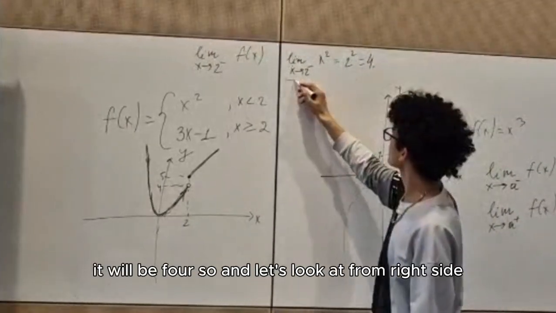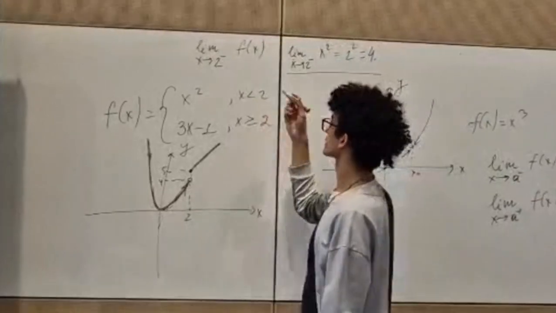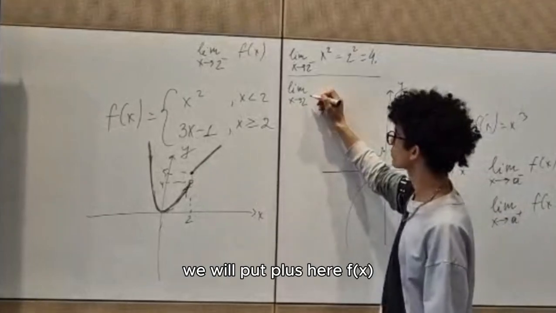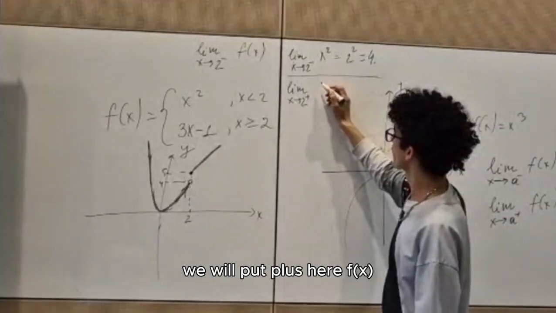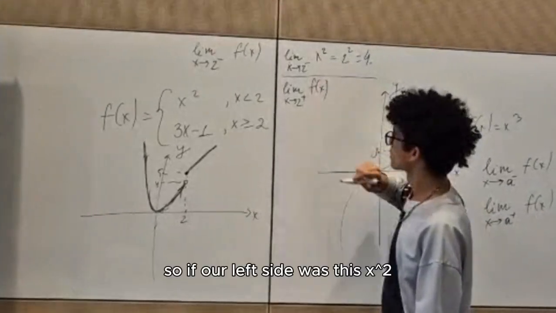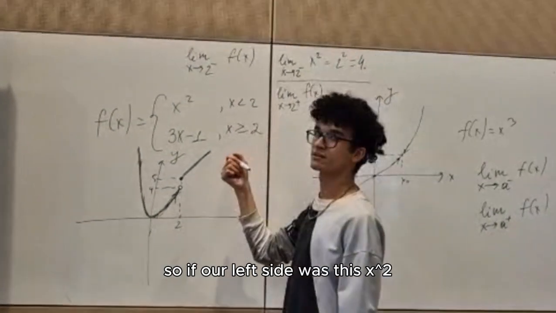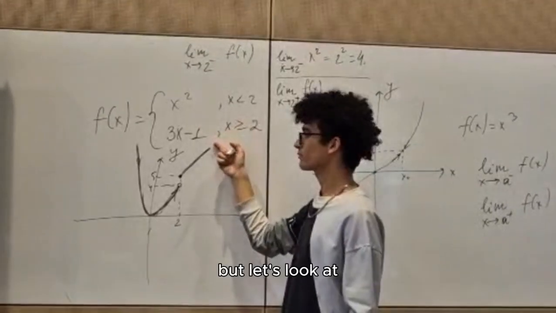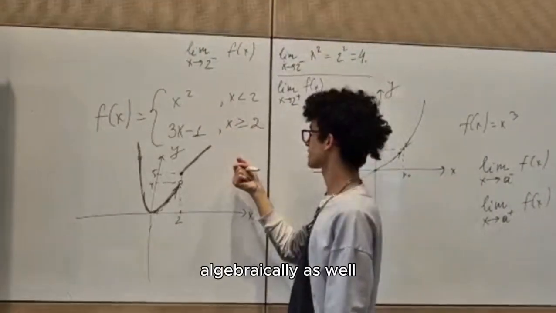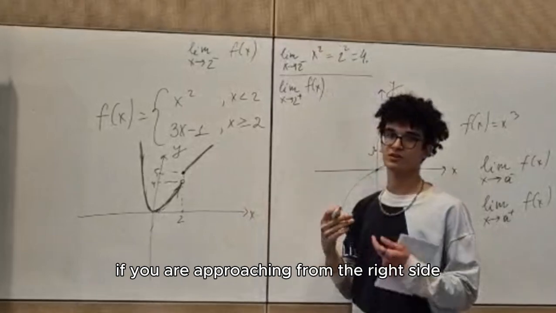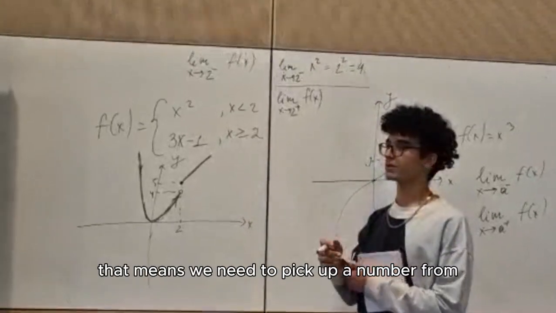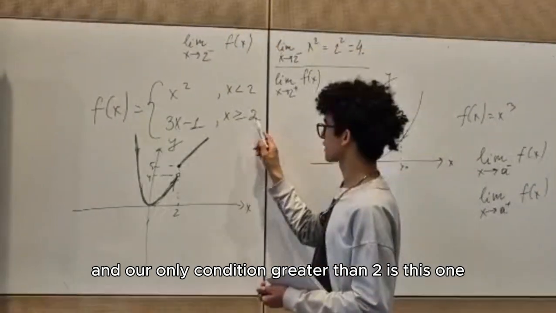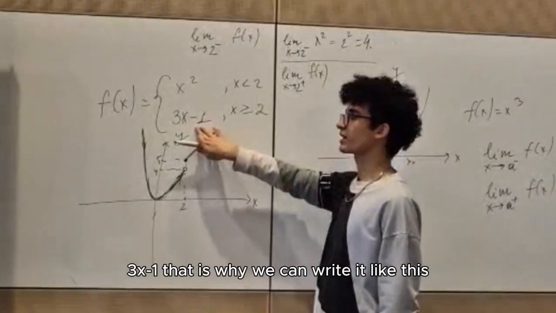So, let's look at the right side. As I said, if we are approaching from the right side, we will put plus here, f(x). So, if our left side was this x quadratic, our right side will be this one, logically, but let's look at it algebraically as well. If we are approaching from the right side, that means we need to pick a number greater than 2. And our only condition greater than 2 is this one, 3x minus 1.